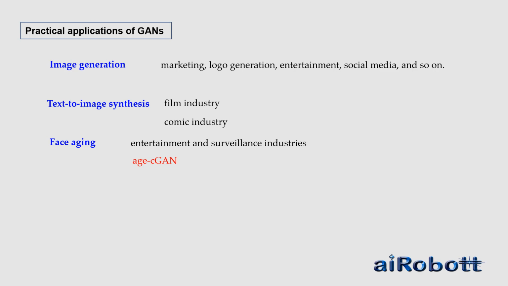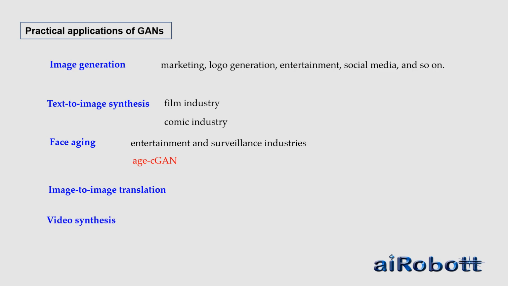Age-cGAN network can generate images at different ages, which can then be used to train a robust model for face verification. Image to image translation can be used to convert images taken in the day to images taken at night, to convert sketches to paintings, and many more. These use cases are groundbreaking because they can save our time.